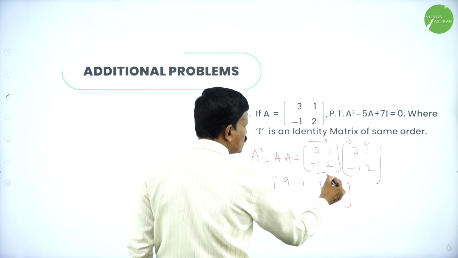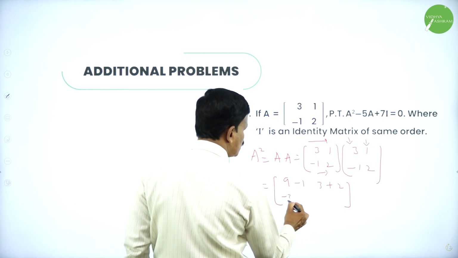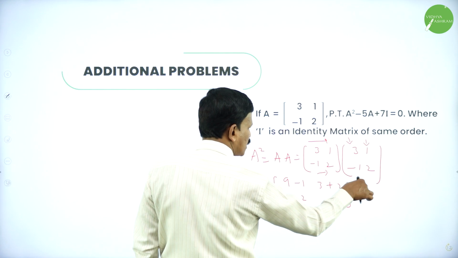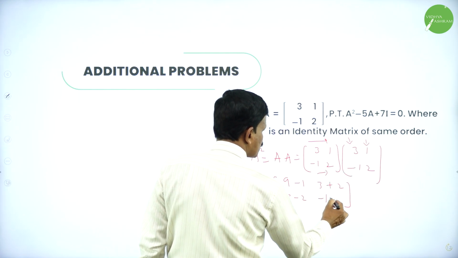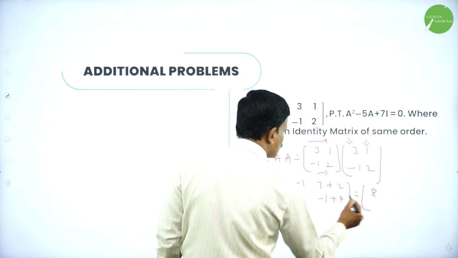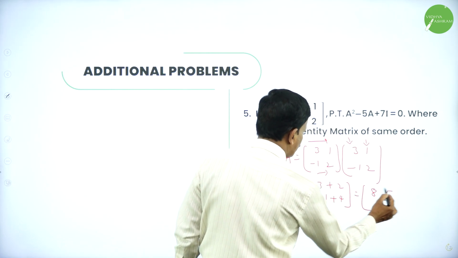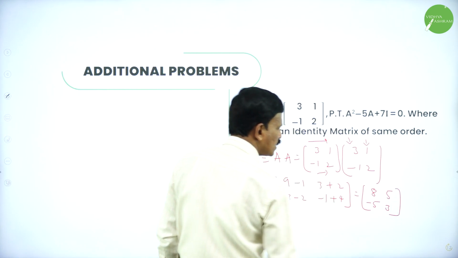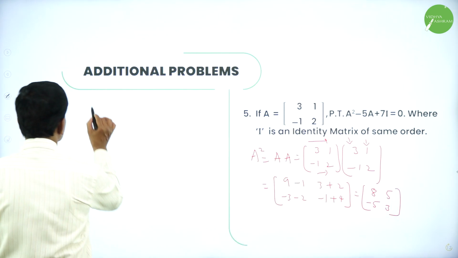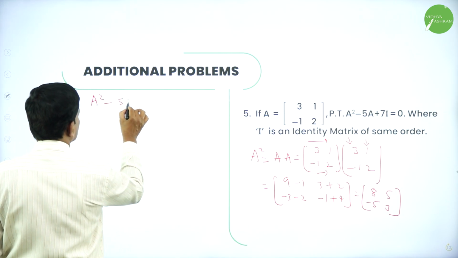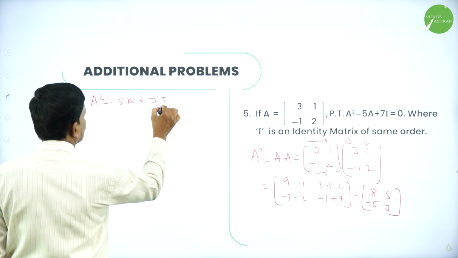Second row, first column: minus 1 3s are minus 3, 2 into minus 1 is minus 2, which is minus 5. Second row, second column: minus 1 1s are minus 1, plus 2 2s are 4, which is 3. This is A square. Now come to A square minus 5A plus 7I.